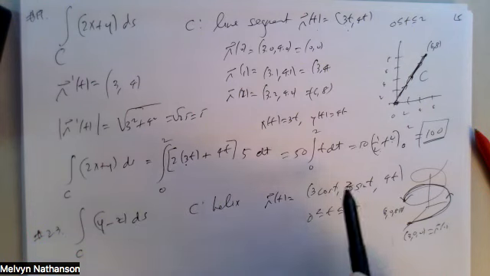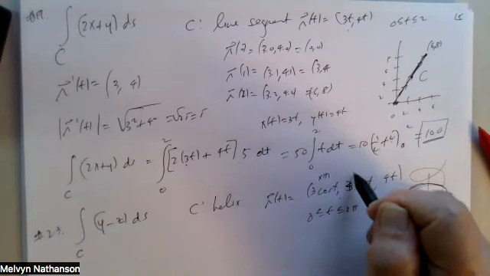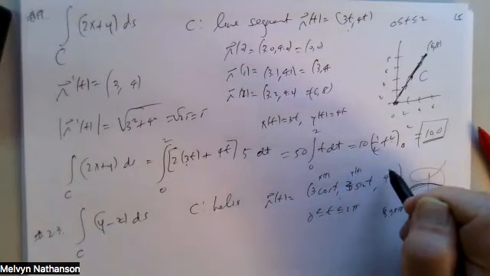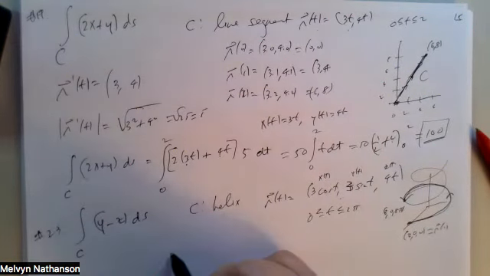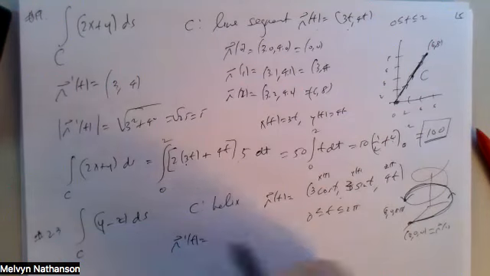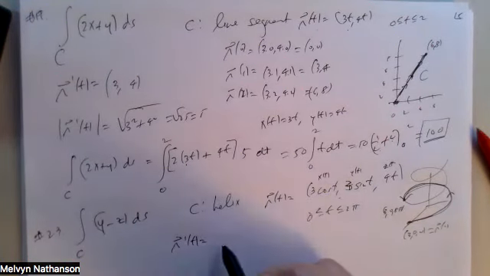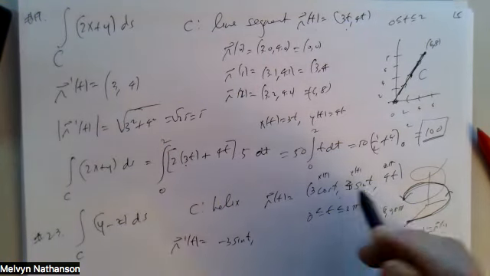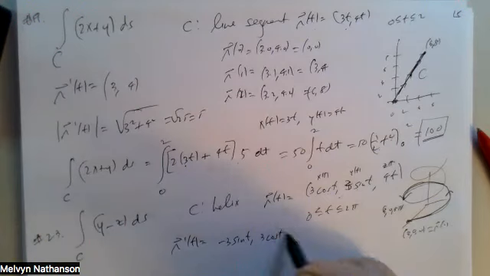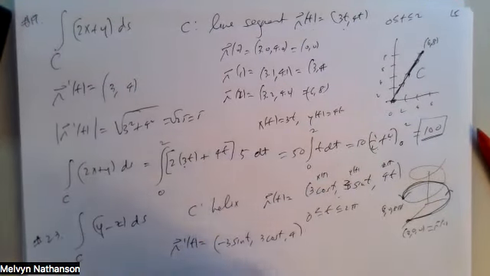So for this function, x of t is 3 cosine t, y of t is 3 sine t, and z of t is 4t. The derivative r prime of t: the derivative of 3 cosine t is minus 3 sine t, the derivative of 3 sine t is 3 cosine t, the derivative of 4t is 4.